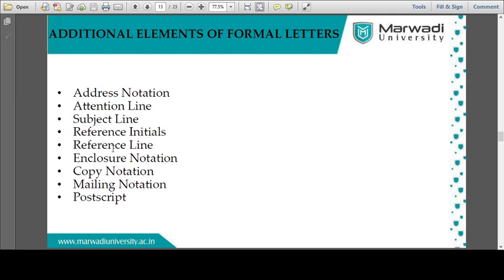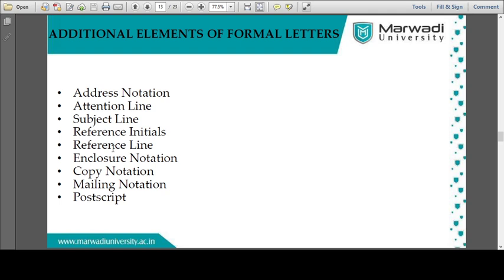As I told you, this is an optional component. It indicates who is receiving a courtesy copy, meaning CC. Some companies indicate copies made on photograph, or they simply say copy. This part follows the reference initials or enclosure notation. Generally it happens in email, where you have seen the options CC and BCC.